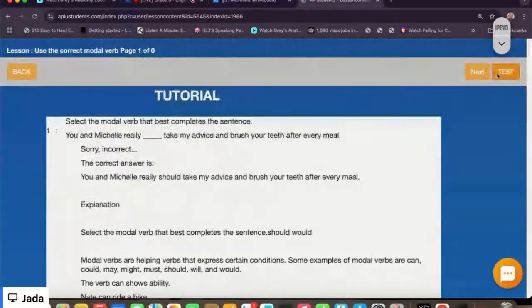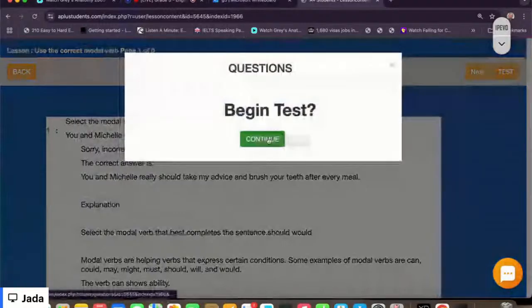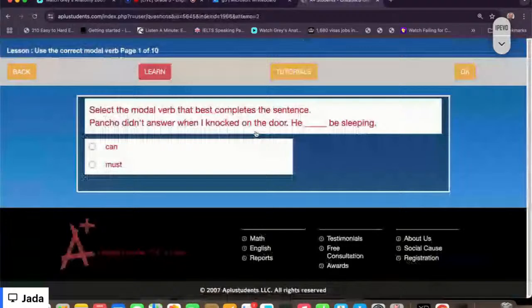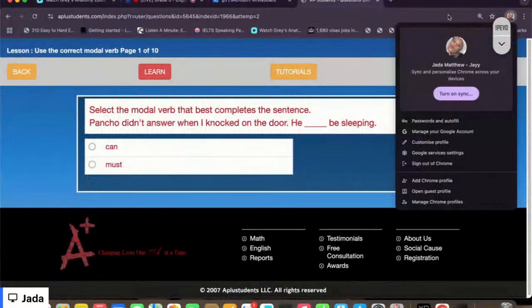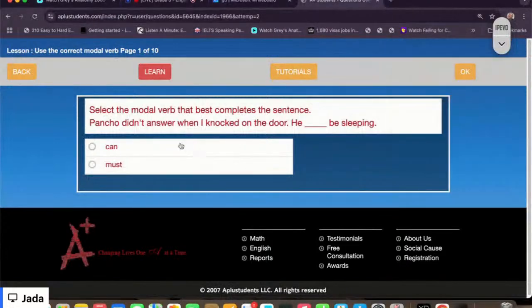So this particular test, we will have to select the right modal verb in this lesson. Pancho didn't answer when I knocked on the door. He dash be sleeping. So he can or he must be sleeping? So what is the right one here? First or second?